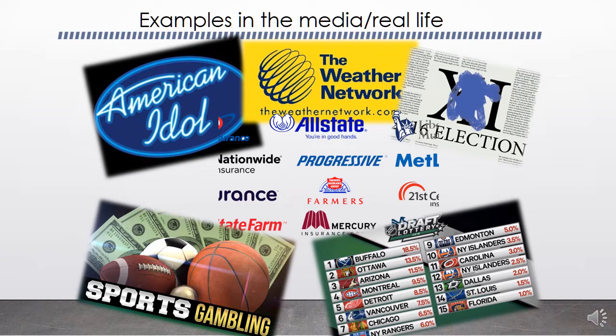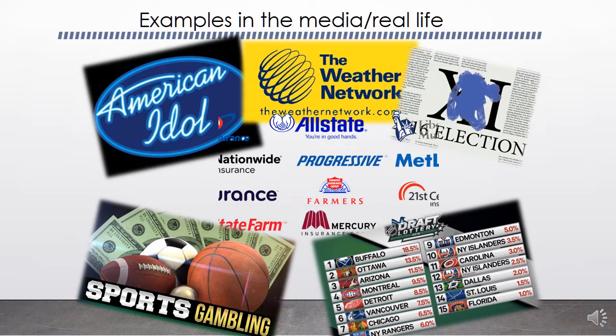Anytime there's an election, they always make predictions. They take surveys, they take polls. They try to make predictions on the election results. Sports gambling. Again, nothing in life is guaranteed. Anytime you gamble, casino, sports, there's always odds calculated, and there's always a favorite and an underdog, and you can place wagers.